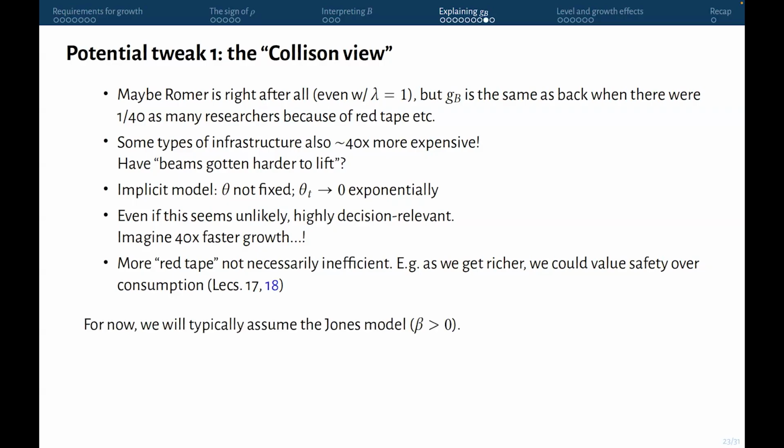But for now, we'll typically assume the Jones model that beta is greater than 0. Maybe lambda over beta is not actually a third. Maybe it's a half, and the red tape thing makes up the rest of the difference. But full on beta equals 0 is probably wrong.